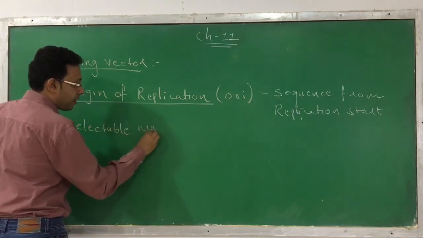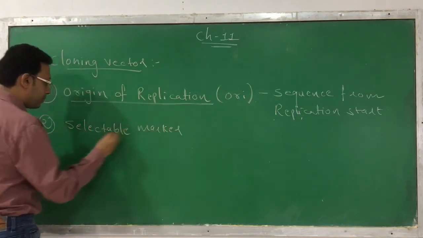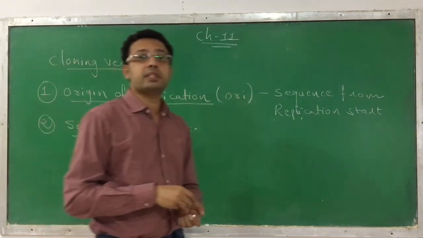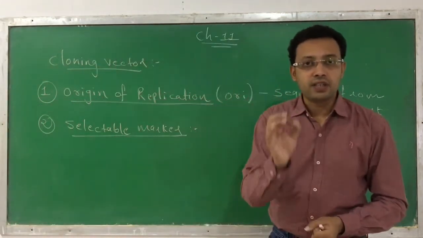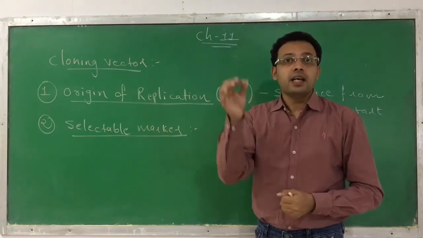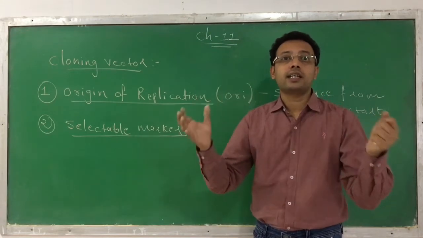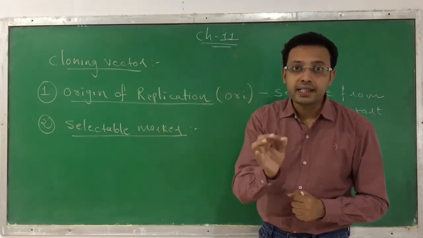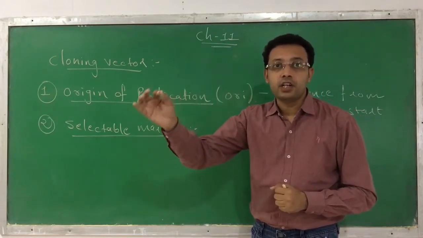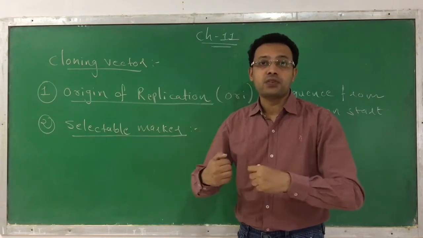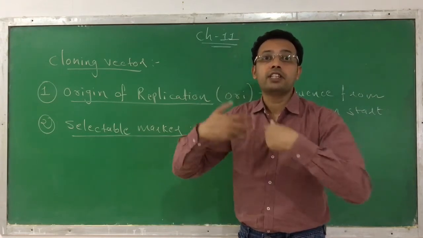The second requirement that should be present is the selectable markers. What is the function of these selectable markers? The function of a selectable marker is to identify and eliminate the non-transformant. They also identify the transformant and allow it to grow.